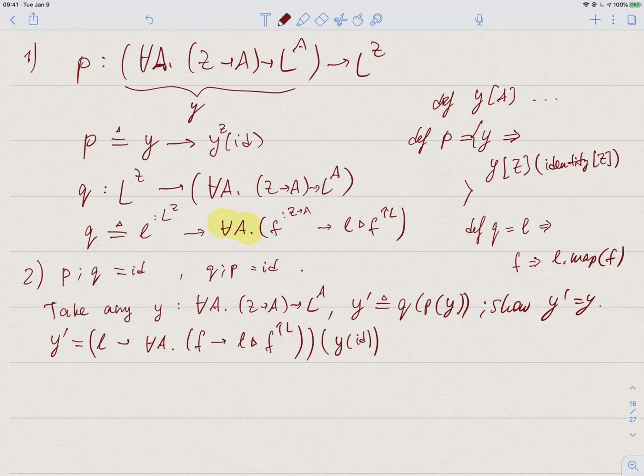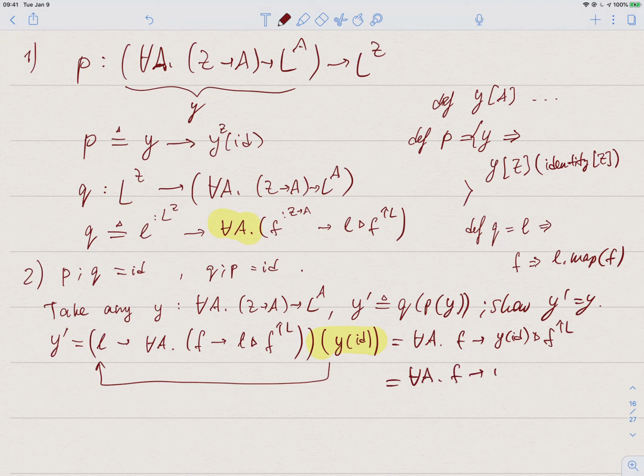So if I now substitute Y of identity instead of L, I get for all A, F going to Y of identity, FL. So let us write it a little more easily. Identity substituted into Y, substituted into FL.